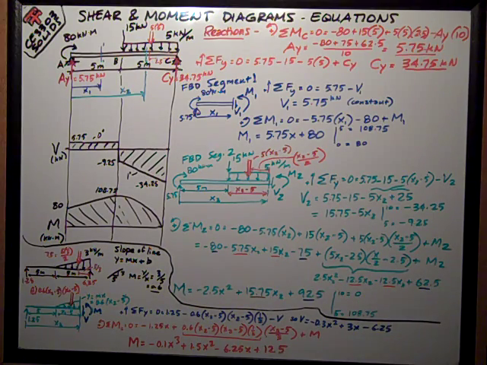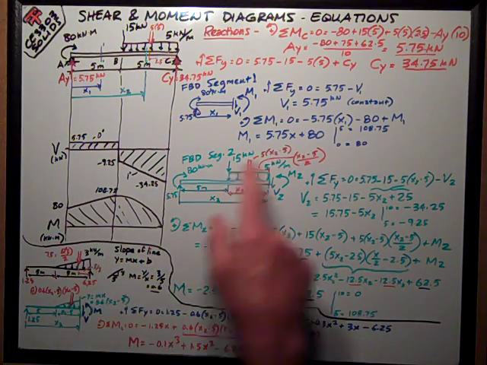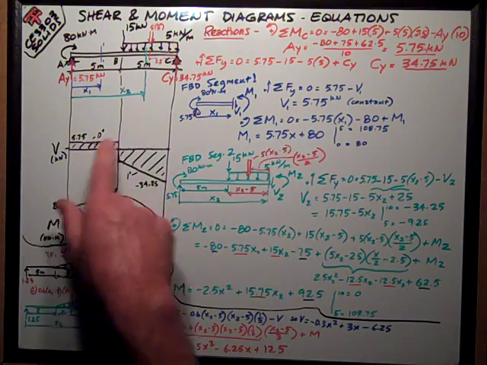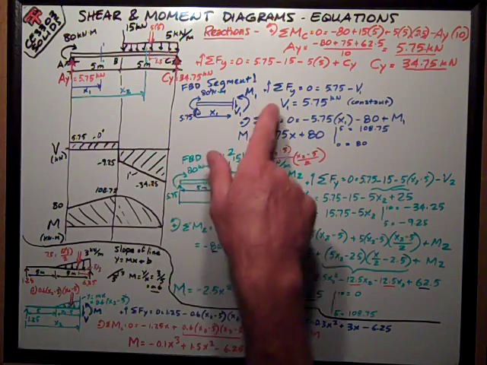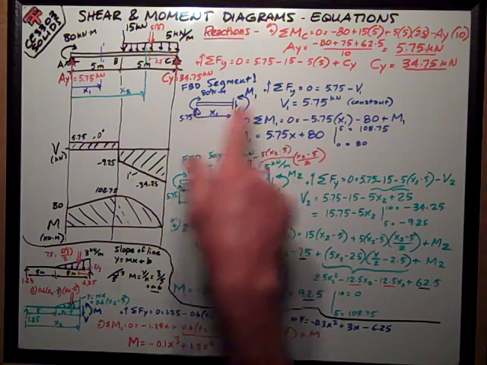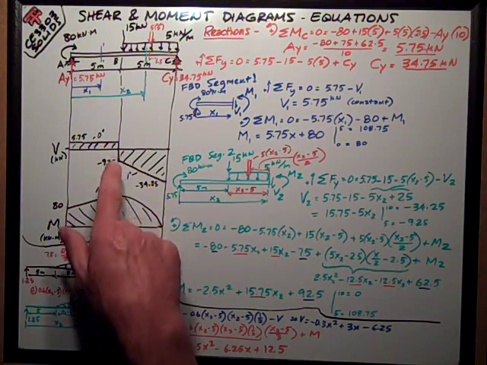So that's the answer. Now I just graph those points, segments 1 to 2, I mean A to B. The shear is constant, 5.75.